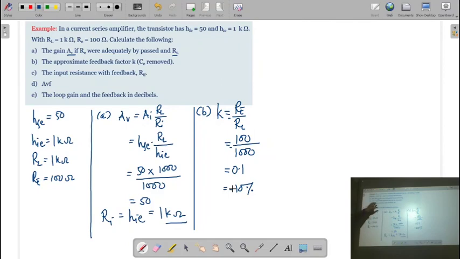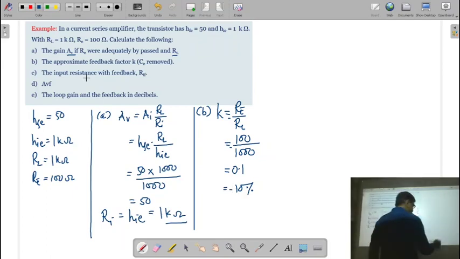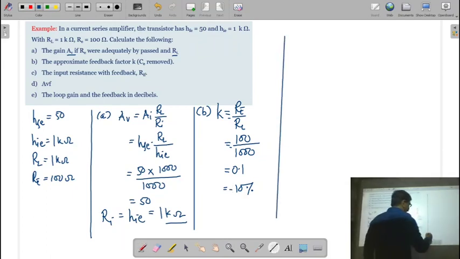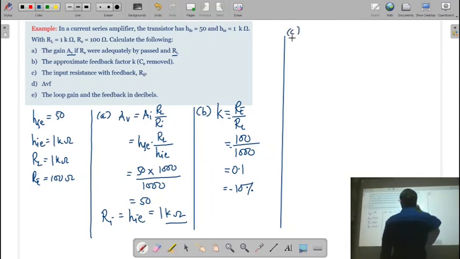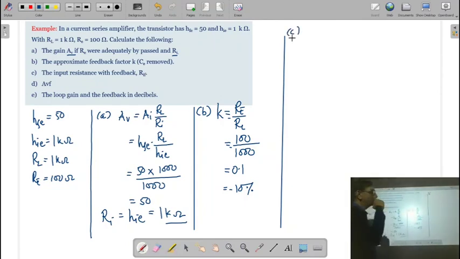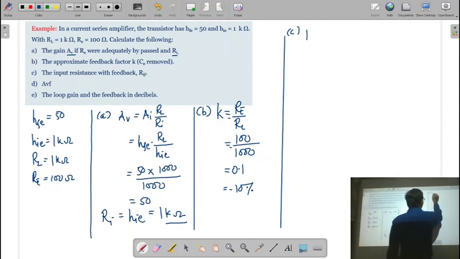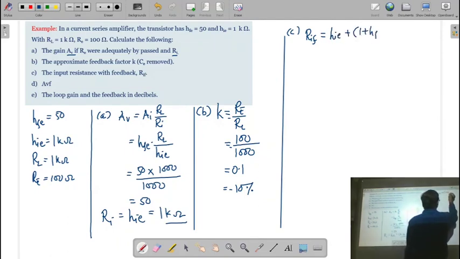Here there is a negative sign, so minus 10% feedback is given. Then input resistance, now the C part: input resistance with feedback, RIF. Already we have calculated that RIF is HIE plus 1 plus HFE into RE.